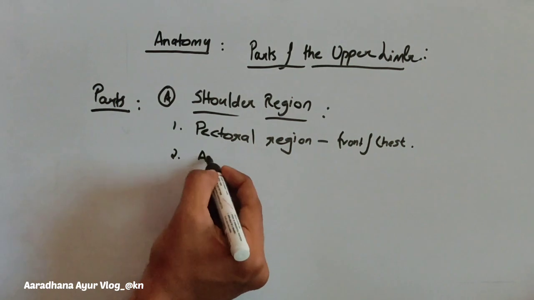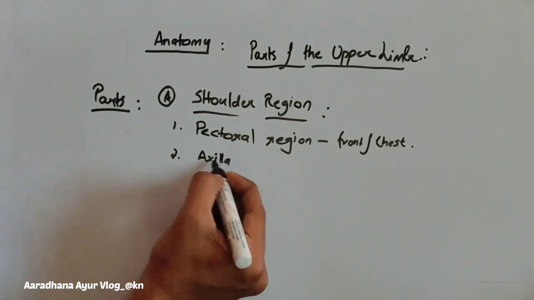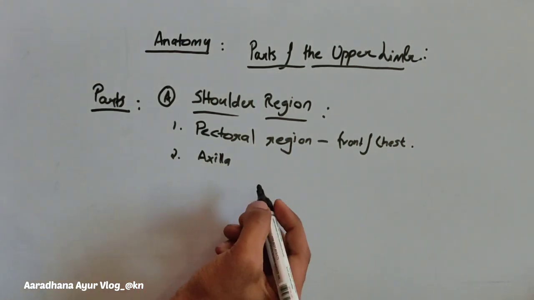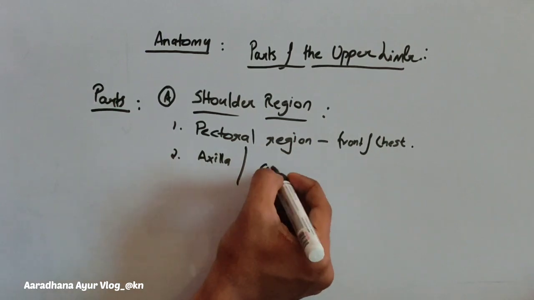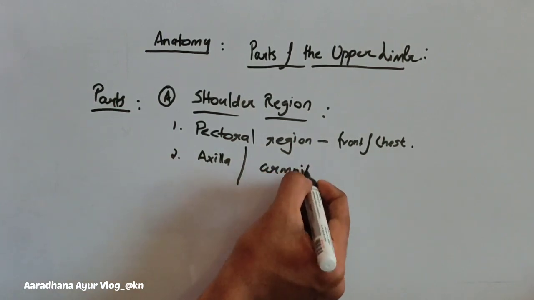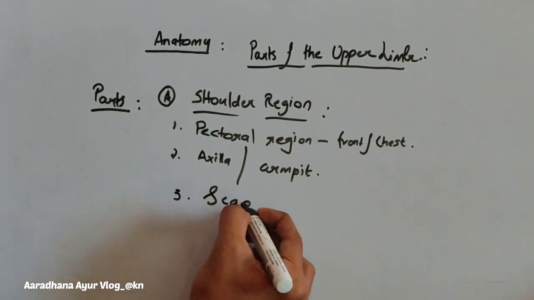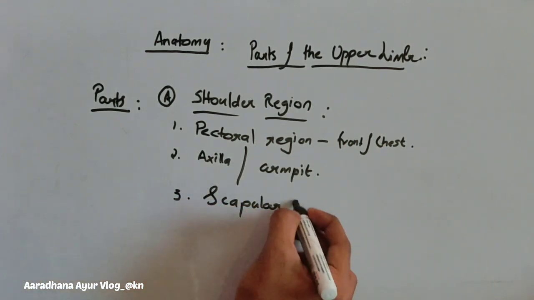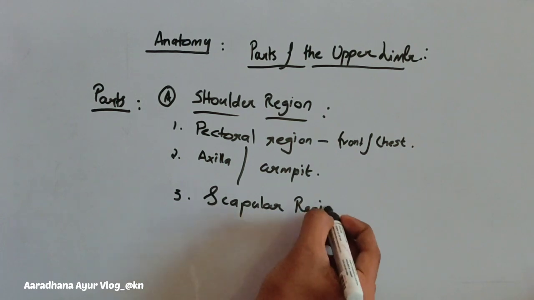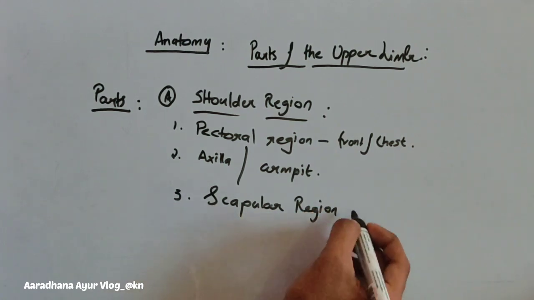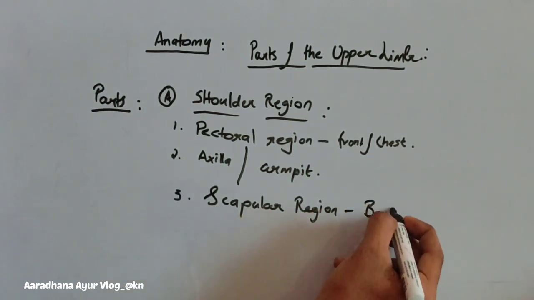In the shoulder region only three divisions come: first, the pectoral region, in the front of the chest. Second is the axillary region, which we commonly call the armpit region. And third is the scapular region. It is present on the back.